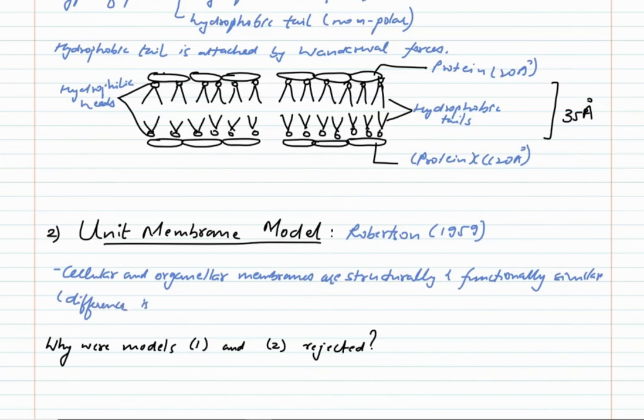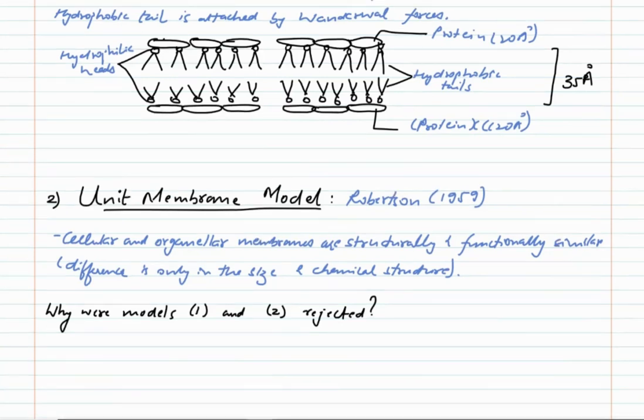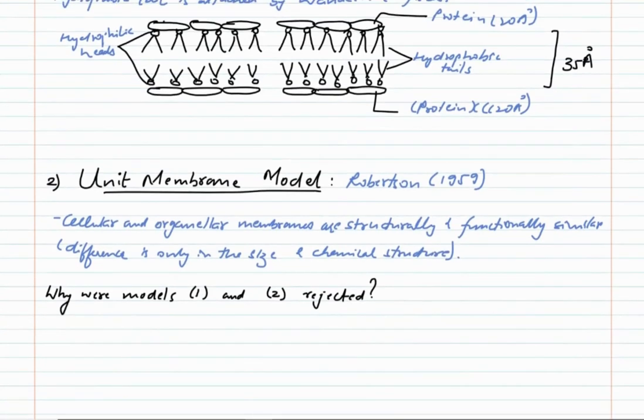The difference is only in the size and chemical structure. So he said that the membrane that covers the cellular organelles and the cell itself are similar in structure and function, only the difference lies in their chemical structure and their size.